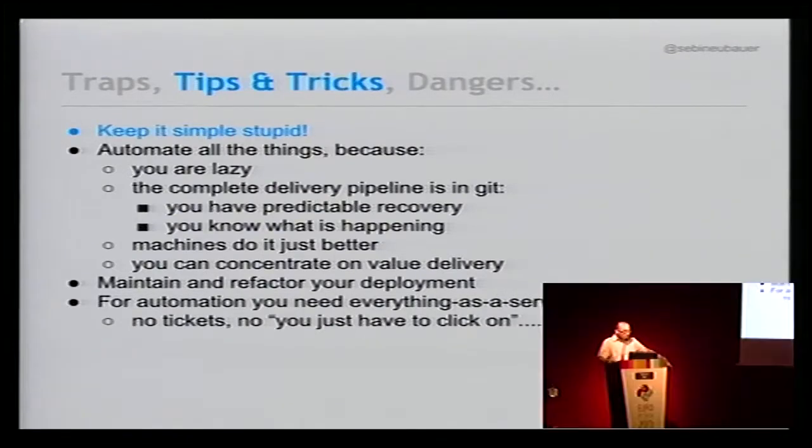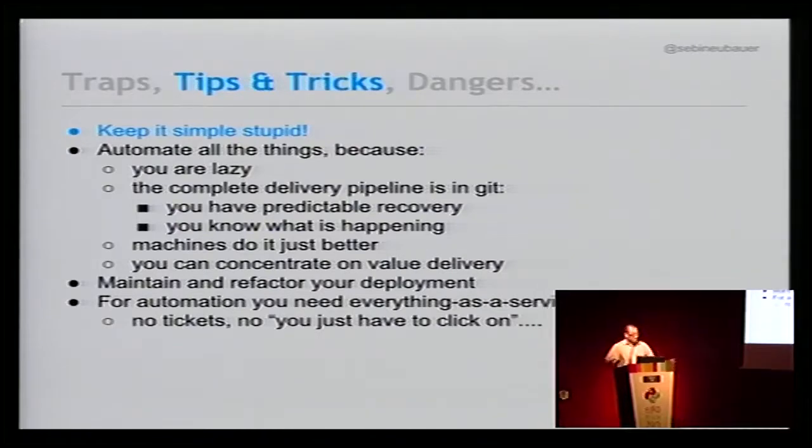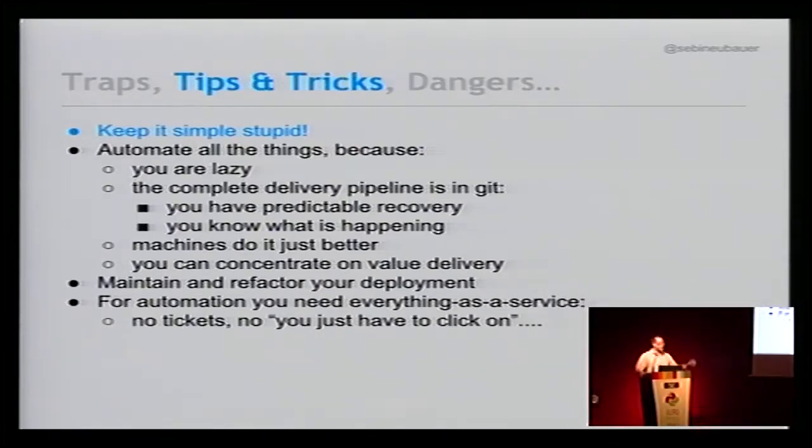You have to automate all the things, really all the things. I do it because I'm really lazy, and doing things twice is not acceptable for me. But there are quite some other arguments for that.